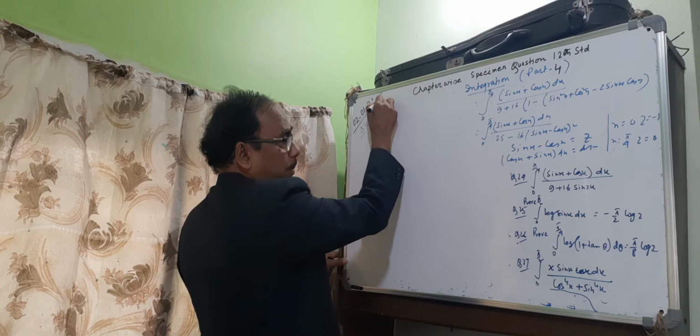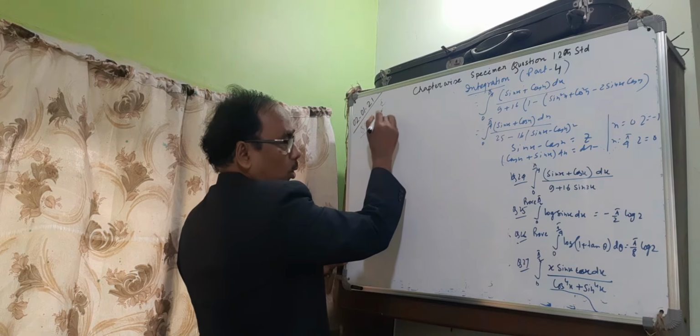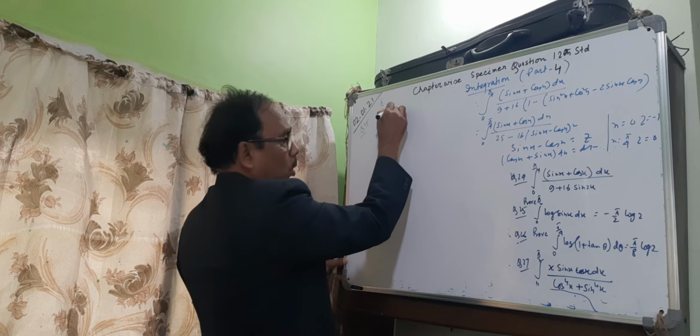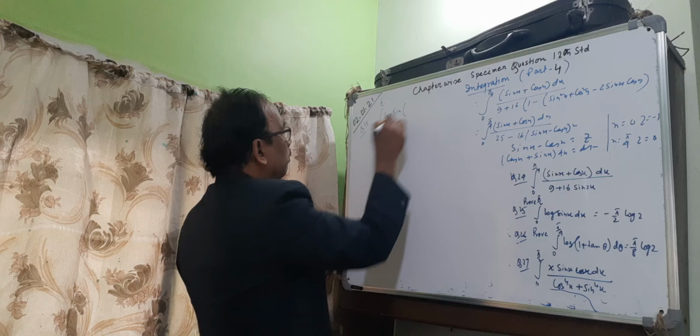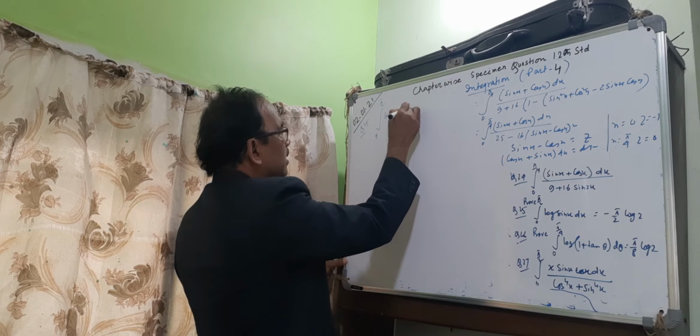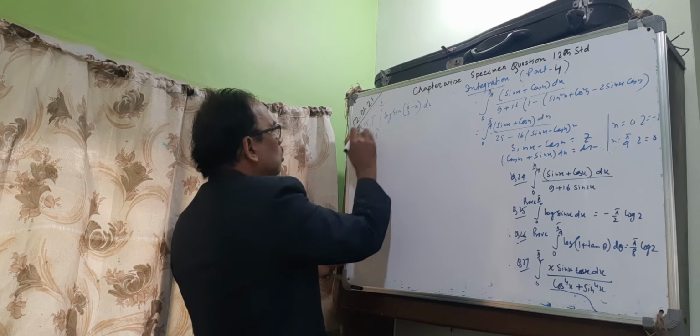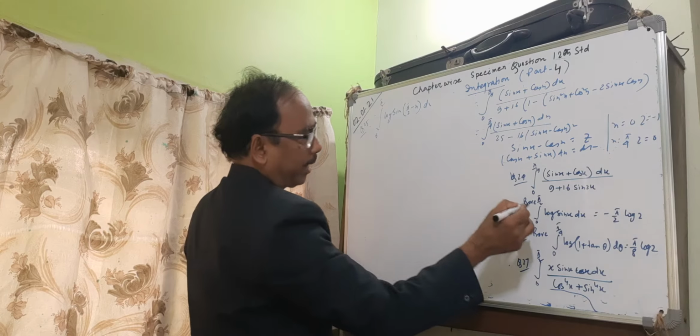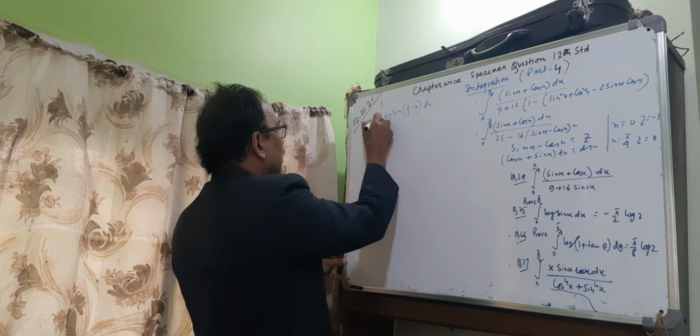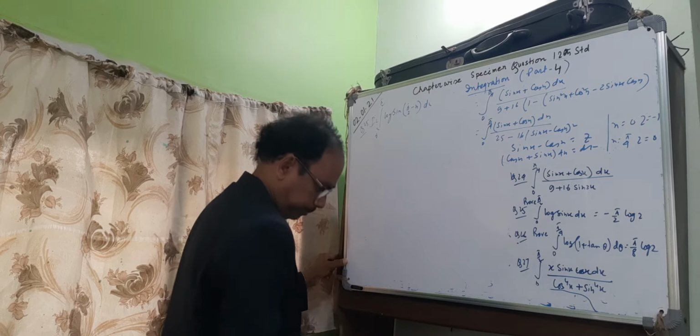Integration from 0 to pi by 2 of log of, taking the property, pi by 2 minus x. Let I equal this, I equals this dx.